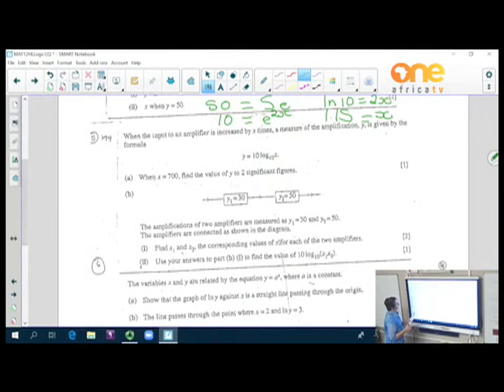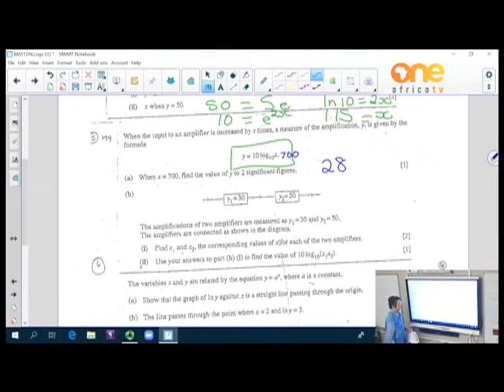Right, question 5. When the input to an amplifier is increased, it is given by the formula. So this is the formula that we have there. When x is 700, find the value of y to two significant figures. So that means you're just going to substitute a 700 in there, and you press your calculator, and the answer is 28.